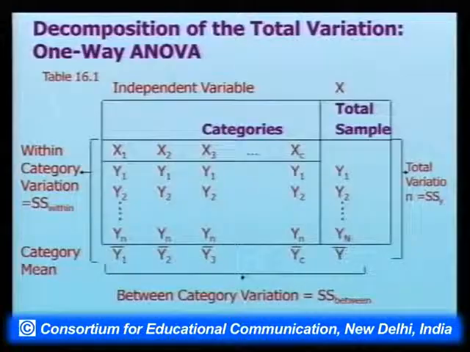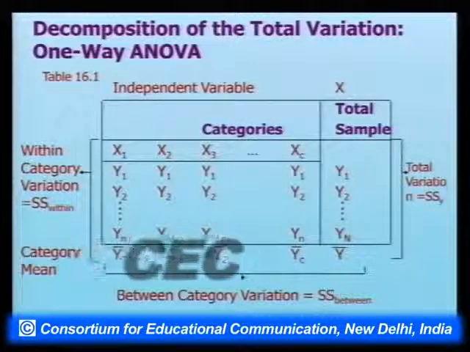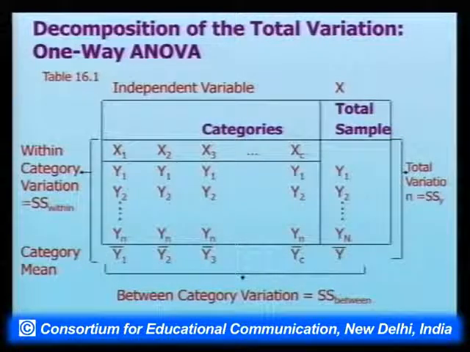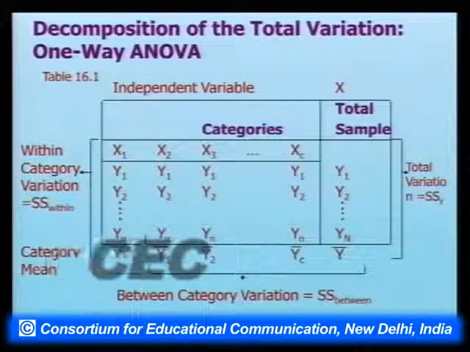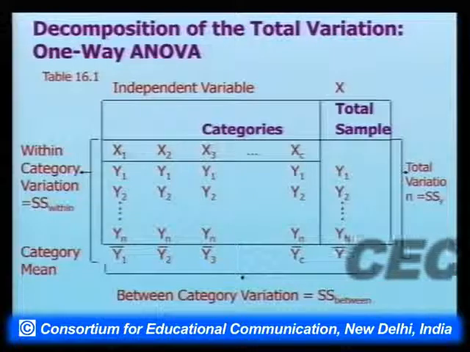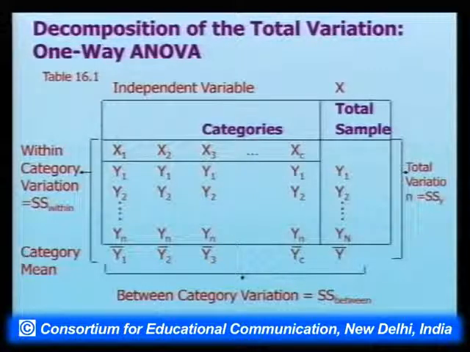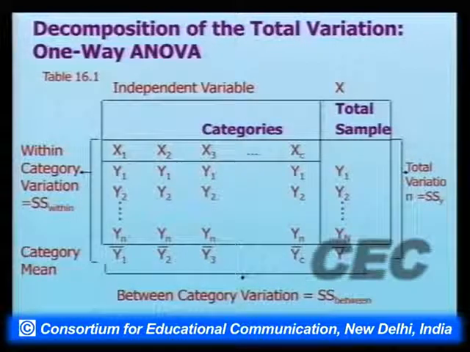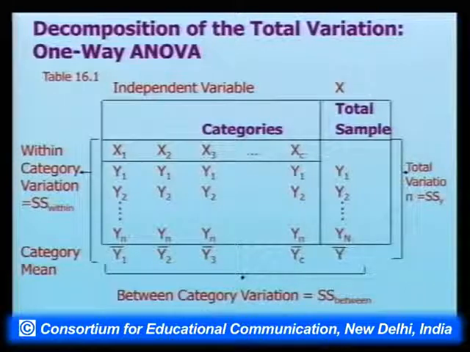So this is the independent variable, and this table indicates that these are X1, X2, X3 to XC groups. So these many groups are there. Our hypothesis is that all these group means are equal. In each group there are n observations. If we take all these Y1, Y2 of various groups and find their overall mean, that will be considered the overall mean.